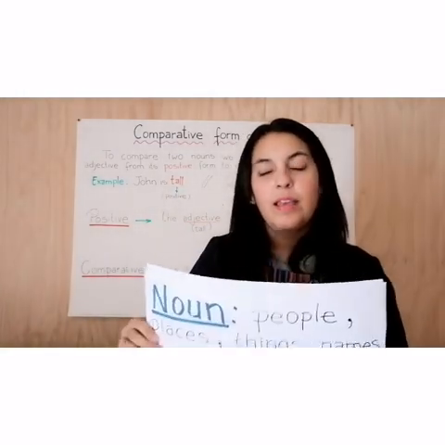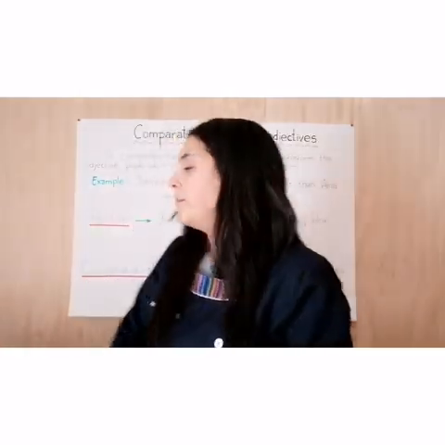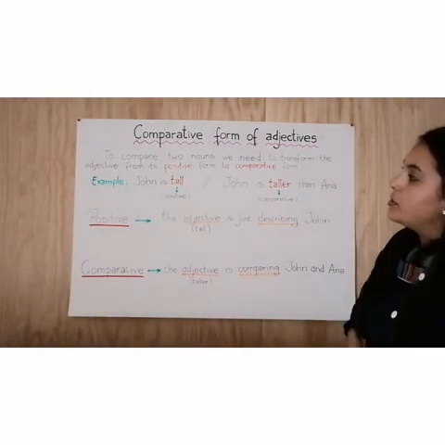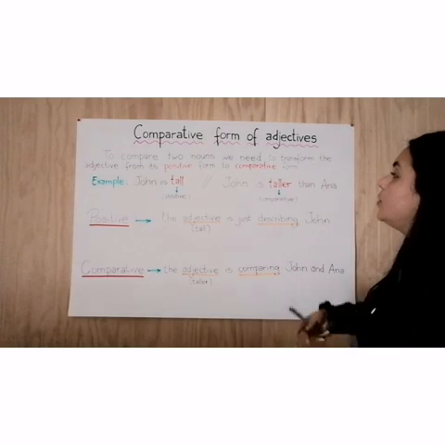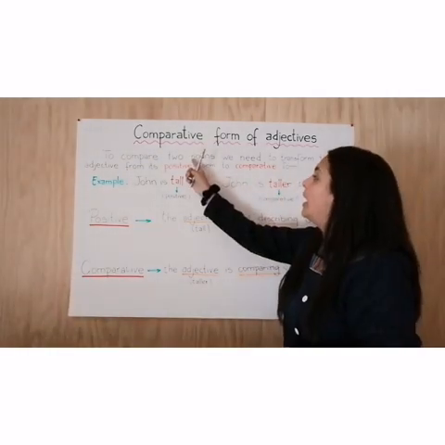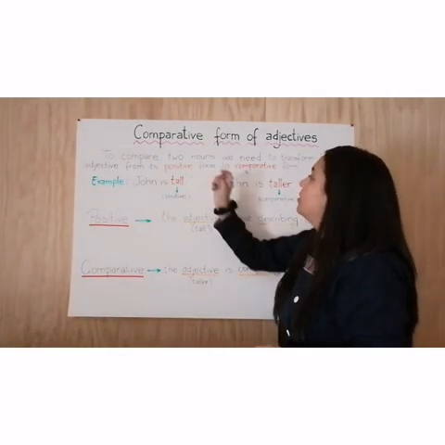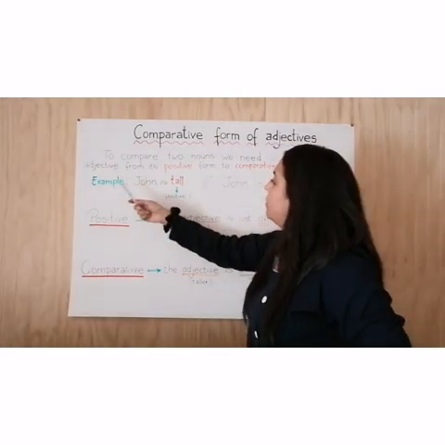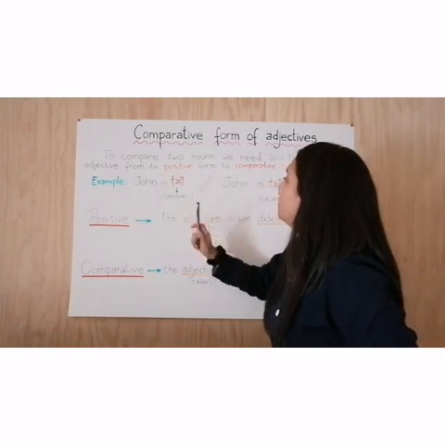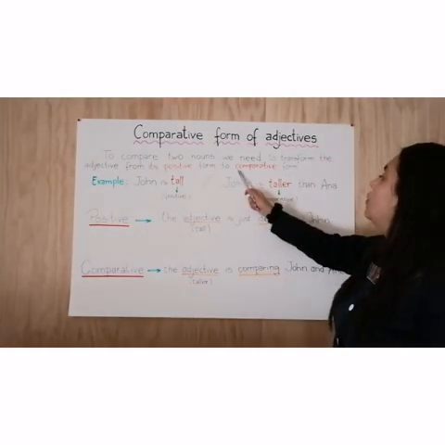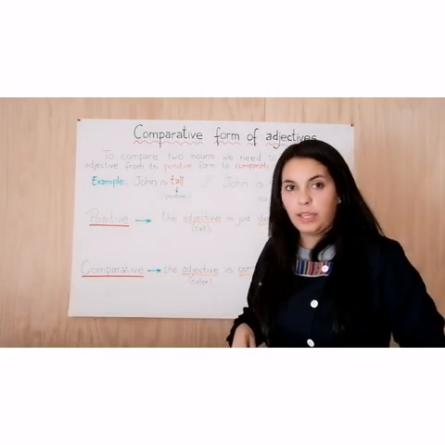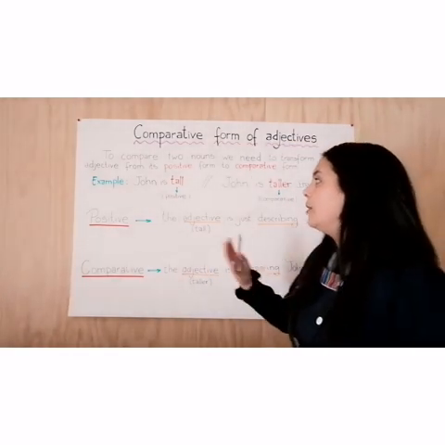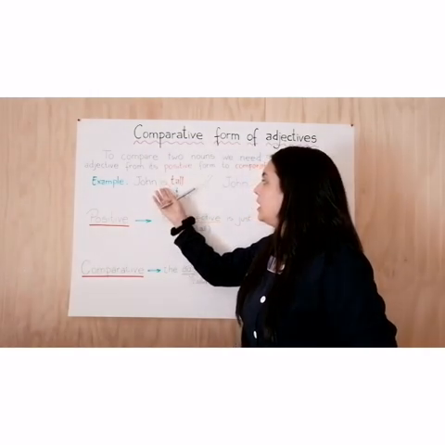So now, we use comparative forms to compare two nouns, and we need to transform the adjective from its positive form to the comparative form, from positive to comparative. For example, John is tall.